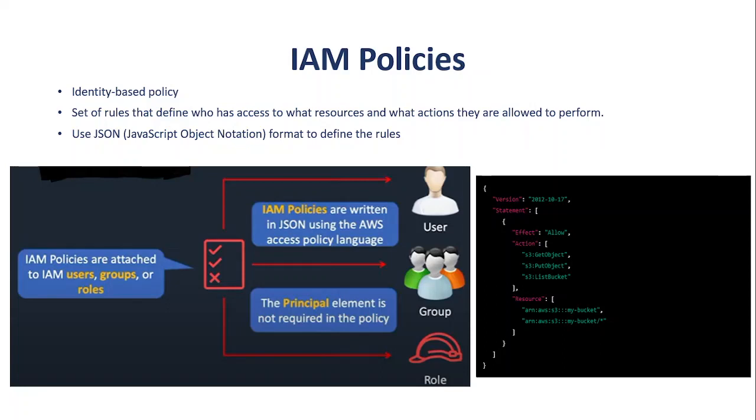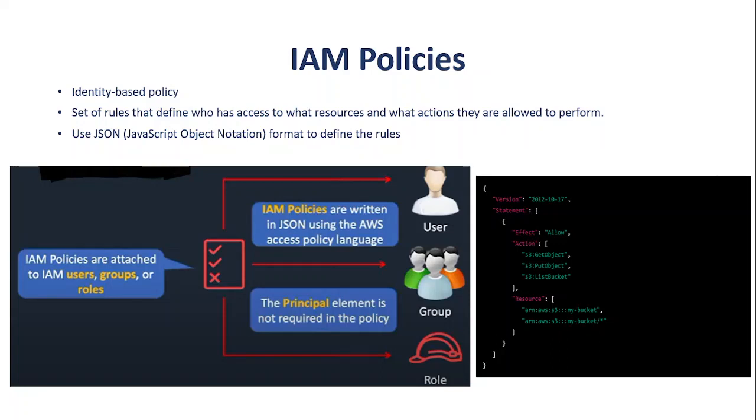If we talk specifically about IAM policies, they are identity-based policies for S3 that can be attached to a user, group, or role. A user can be a standalone user. You can have multiple users. Users can be part of a group, and roles are designed for more resource-based access.